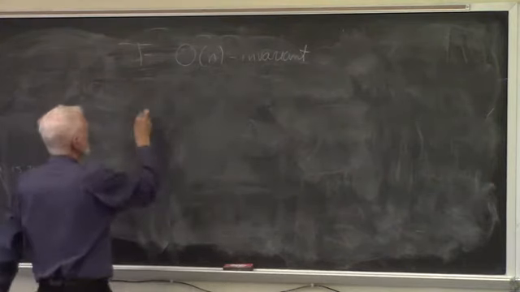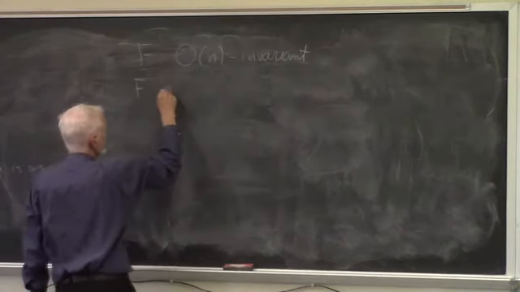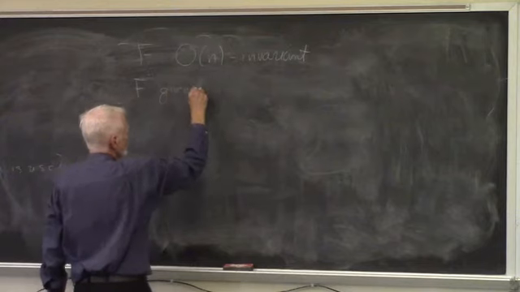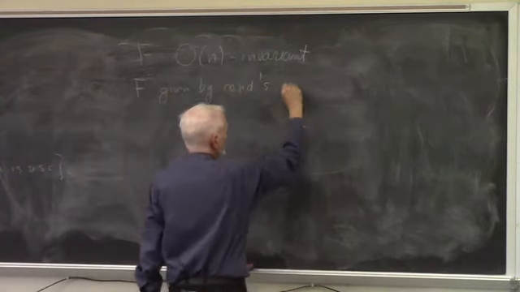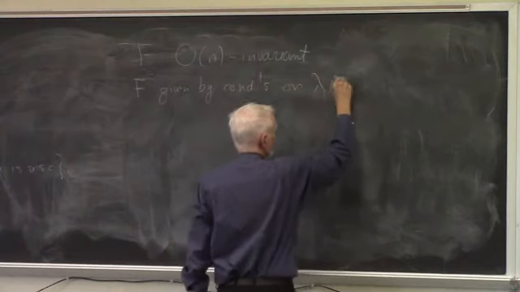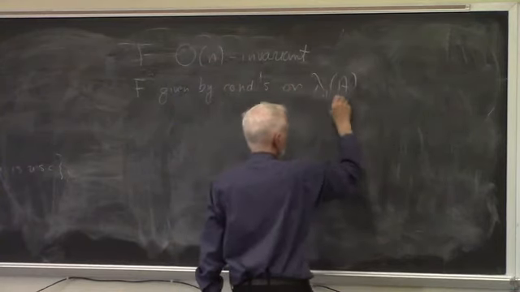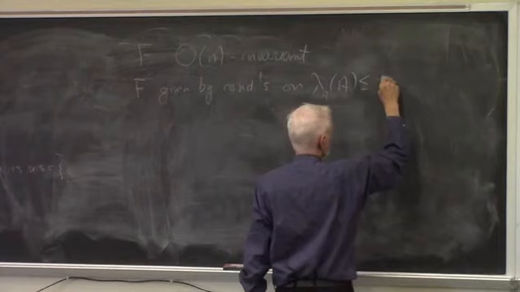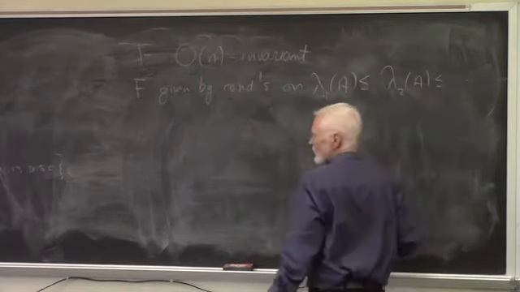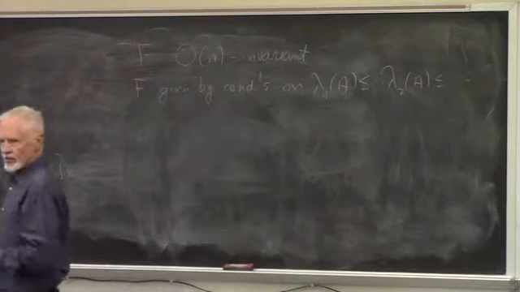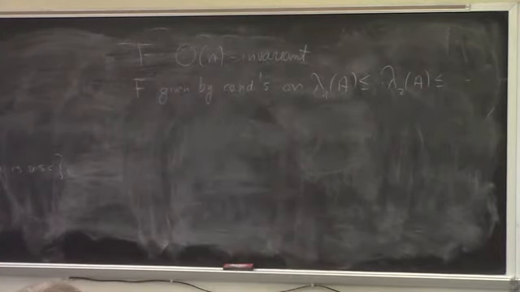And what that means is that F is given by conditions on the eigenvalues, in fact on the ordered eigenvalues of that. Right, the complete set of invariants are the eigenvalues of the matrix.